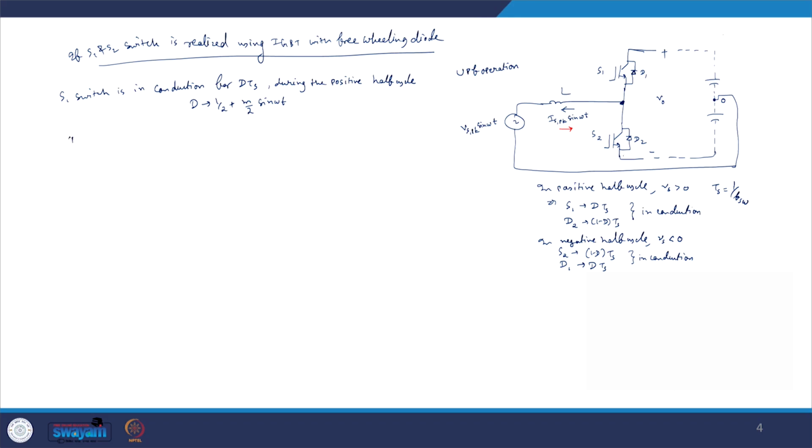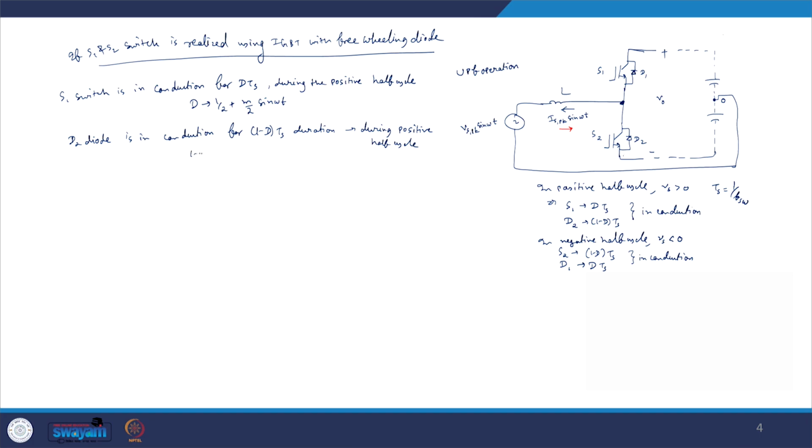And the D2 diode is in conduction for 1 minus dTs duration, and this is again during the positive half cycle.